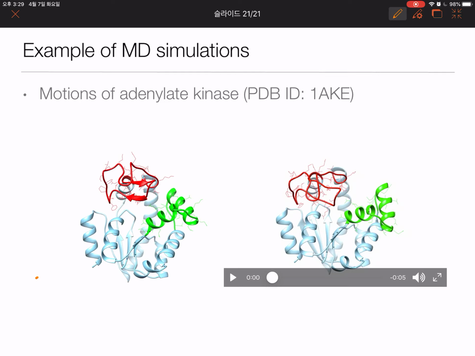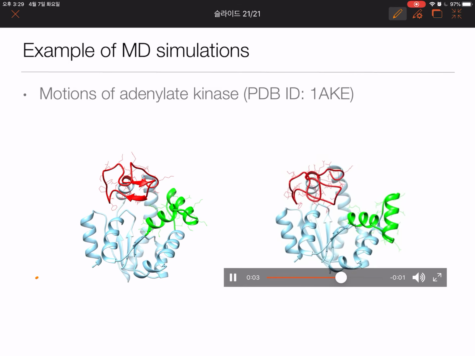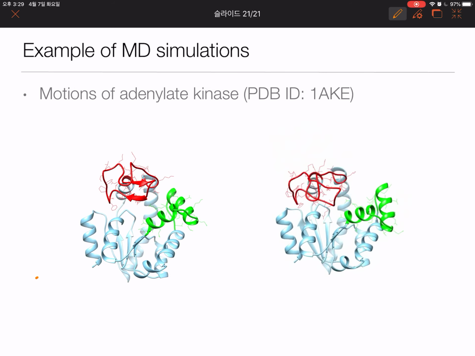In this example, the protein starts from the closed form and it opens up. Using MD simulations, we can observe this kind of protein dynamics. During the practice session, we're going to run some of these examples, and you'll observe how proteins move.